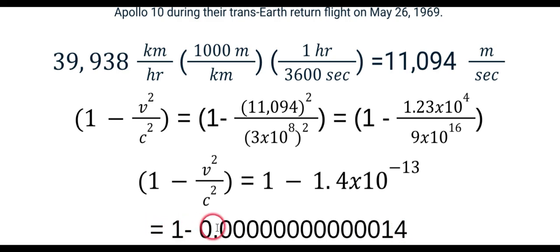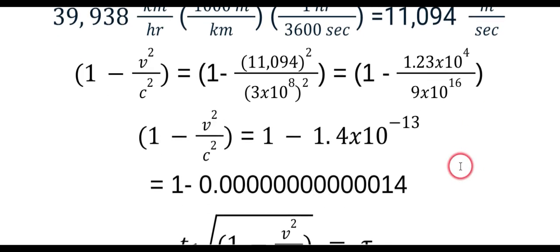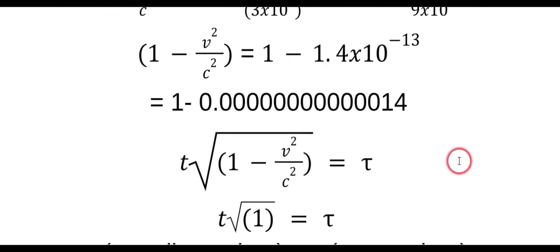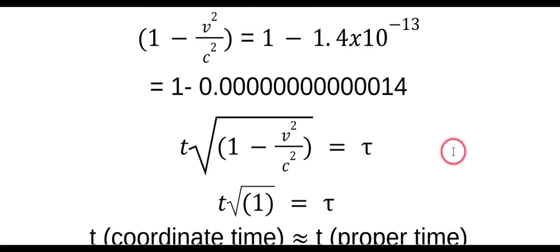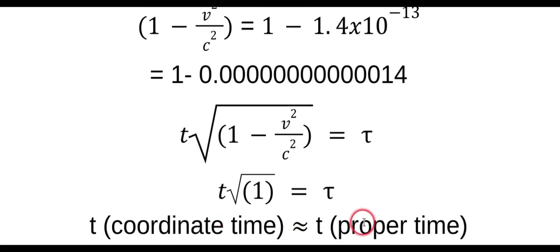So 1 minus this teeny weeny number is basically 1, right? So that means that t equals tau. So the coordinate time equals the proper time in what's called the weak field slow moving limit.